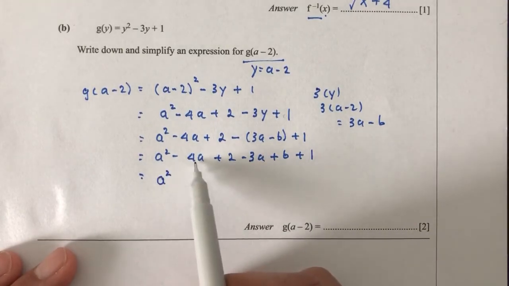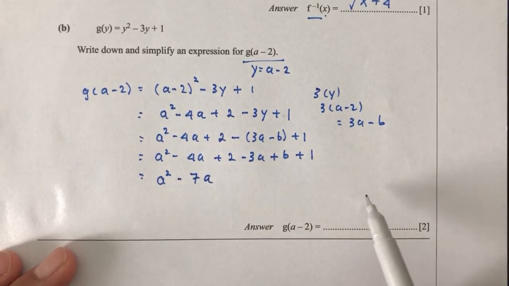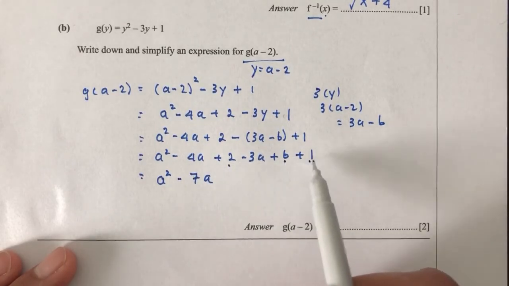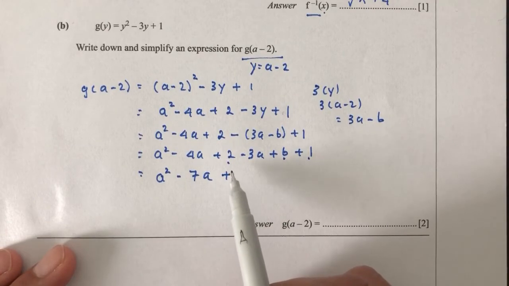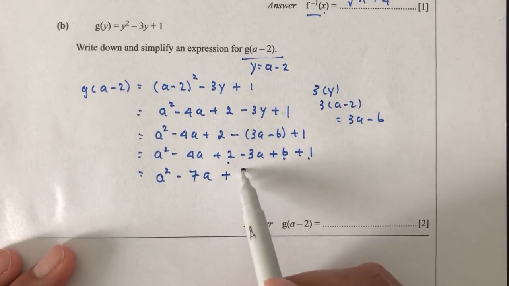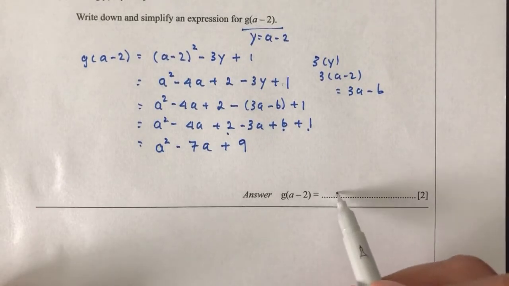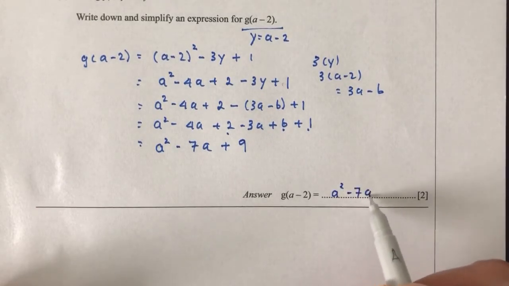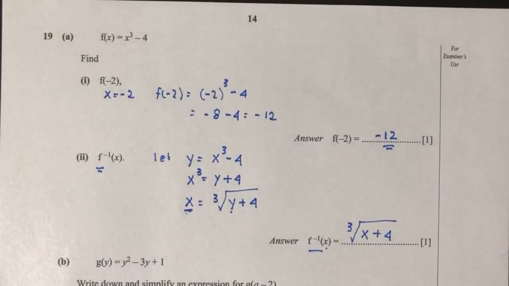So we have minus 4a minus 3a, that will become minus 7a. And then we have 2 plus 6 plus 1, that will be plus, what? Let's find out. That will become plus 9. And that is your answer for this one, which is a squared minus 7a plus 9. And that is question number 19.